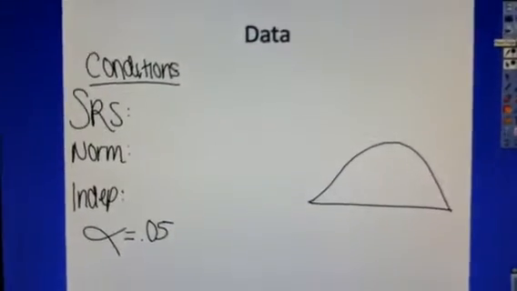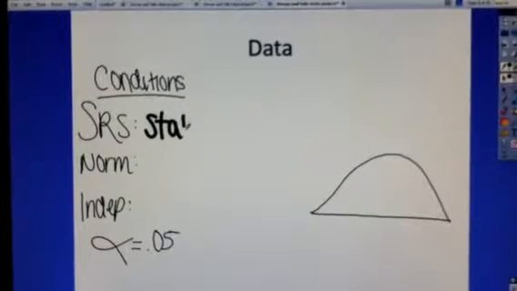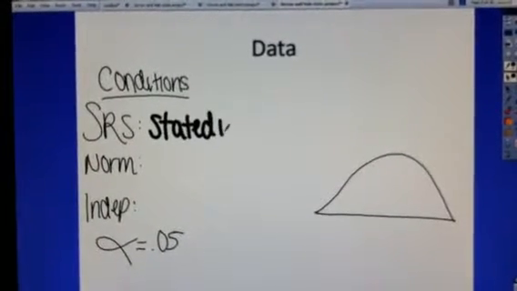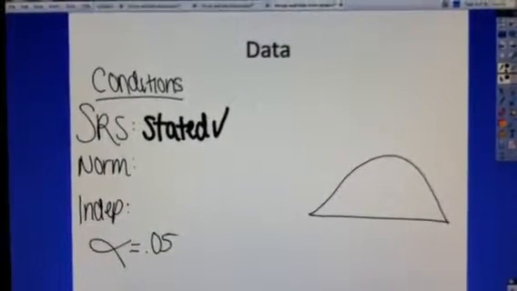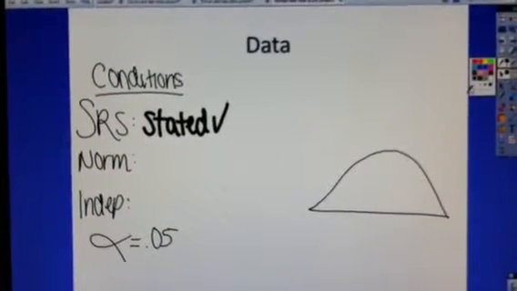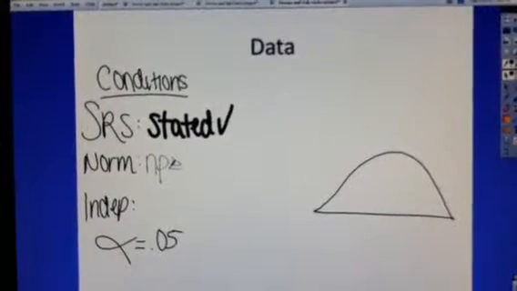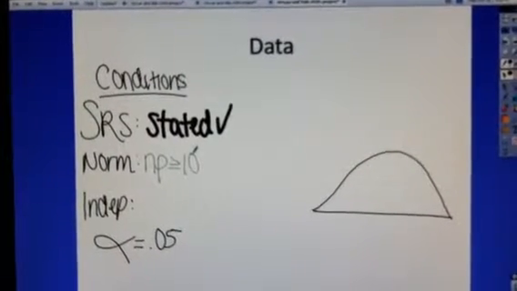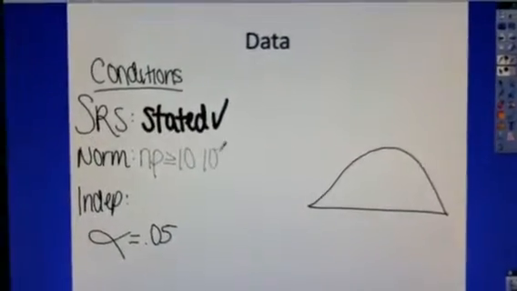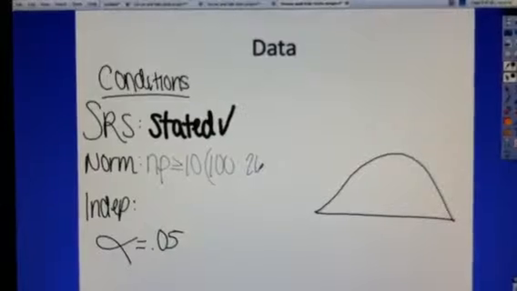Okay, for our conditions, the SRS was stated. And it was normal because n times p is greater than or equal to 10, which was 100 times our proportion, which was 0.21.